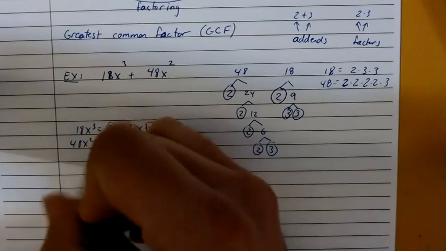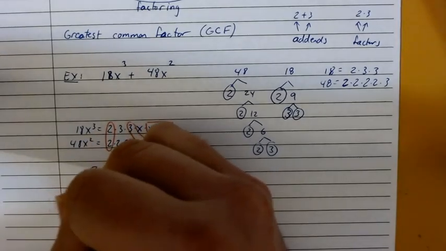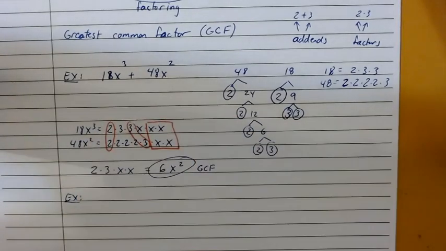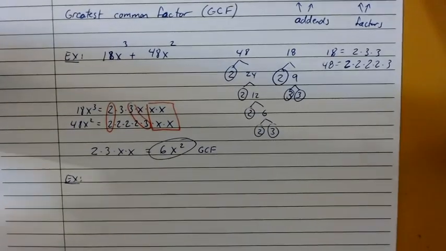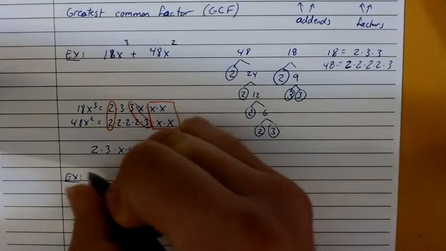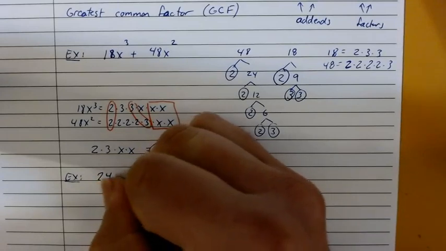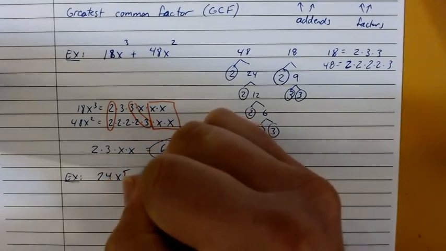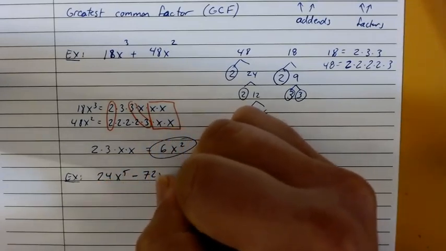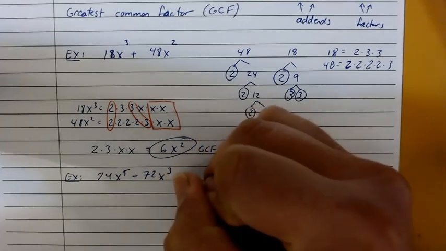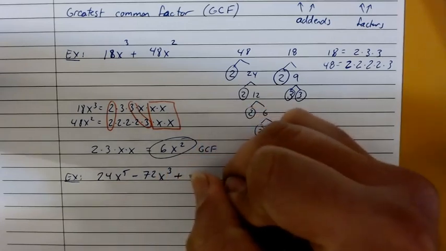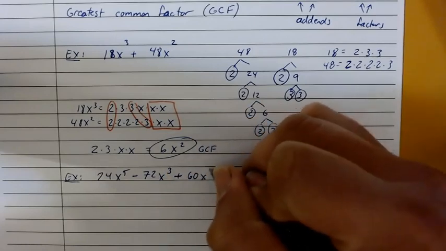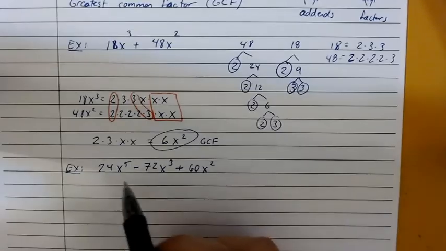Okay. Let's see that again. Let's use another example. Let me do that with 3 terms this time instead of just 2. So let's consider 24x to the 5th minus 72x to the 3rd plus 60x squared. I'm going to do the same thing.